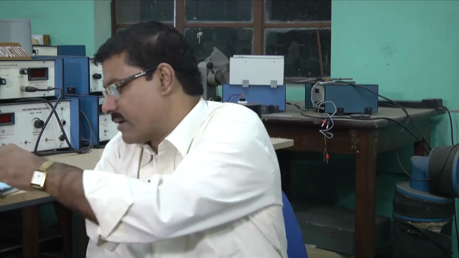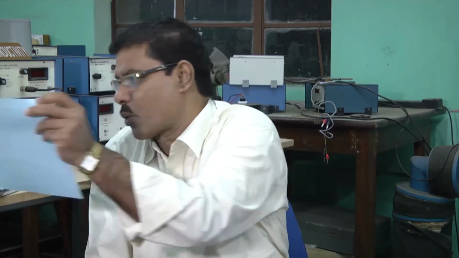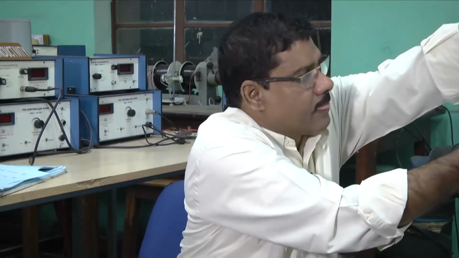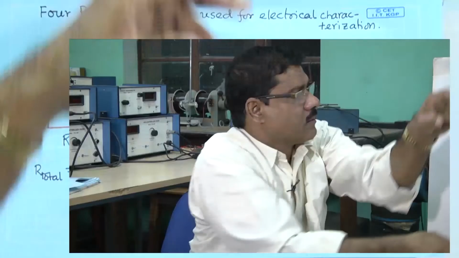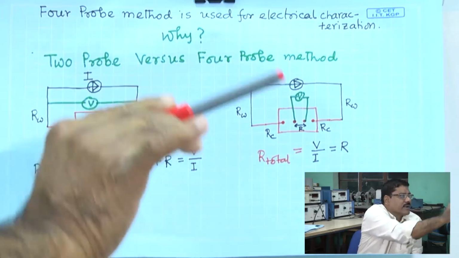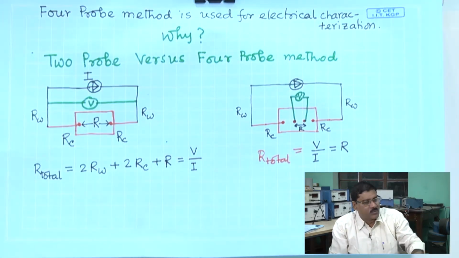Whether the 4 probe method is better than the 2 probe method, that one should know. So, let me discuss this 4 probe versus 2 probe method. This 4-probe method is used for electrical characterization for this experiment.